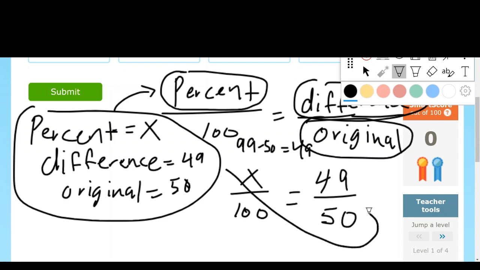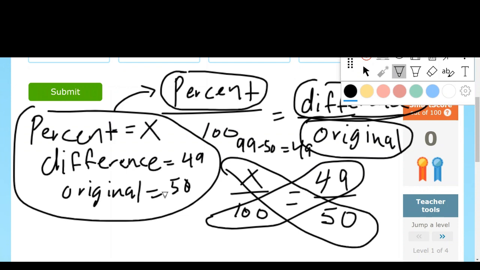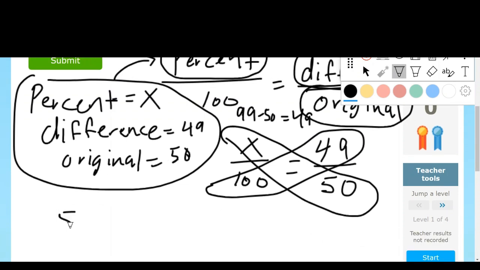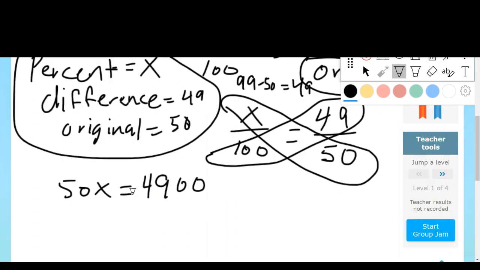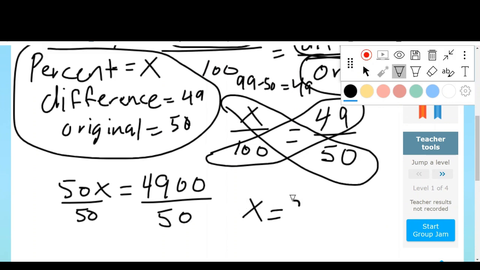We're going to create a new equation by cross multiplying here. 50 times x is 50x equals 100 times 49, which is 4,900. If we divide both sides by 50 to solve for x, we get x equals 98.